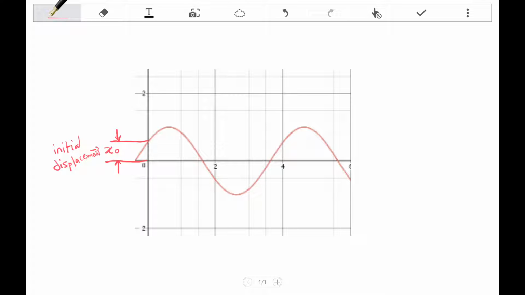Now the second thing we should know is right here, I'll use different colors. Right here, this is your slope, and that's basically your velocity.